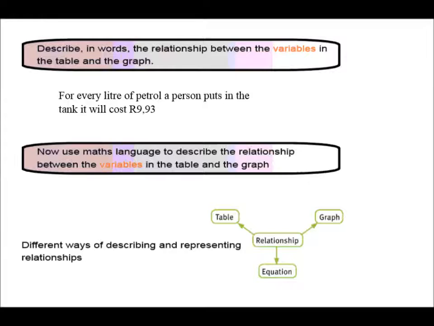Now if we had to put this in maths language, all we're going to do is change the words into maths. So the cost equals R9.93 multiplied by the number of liters. On the previous slide we saw that we could have a table, we could have a graph, and now we have an equation. So that is 3 different ways of representing the same idea.